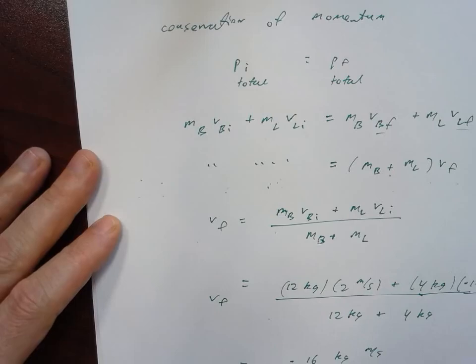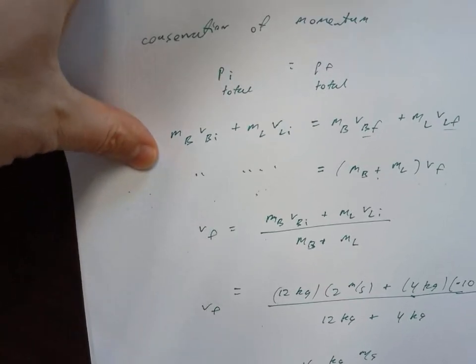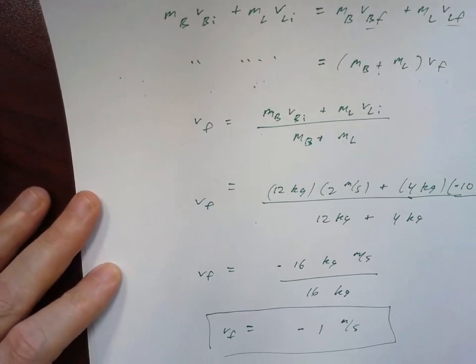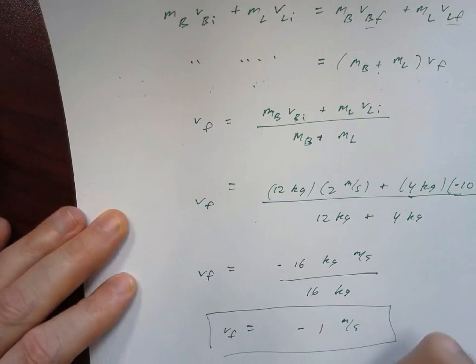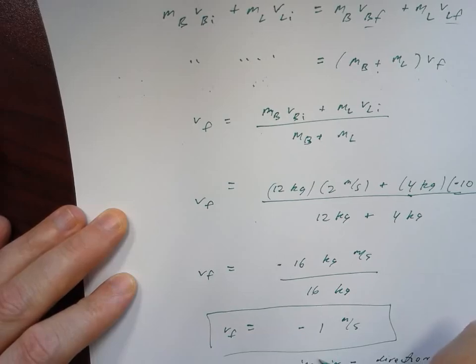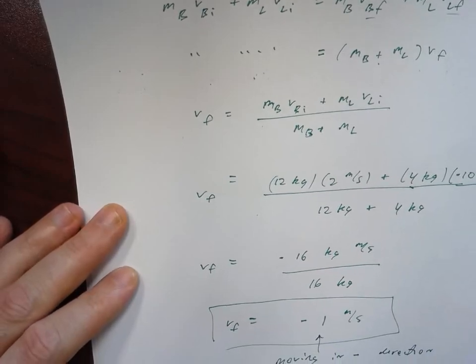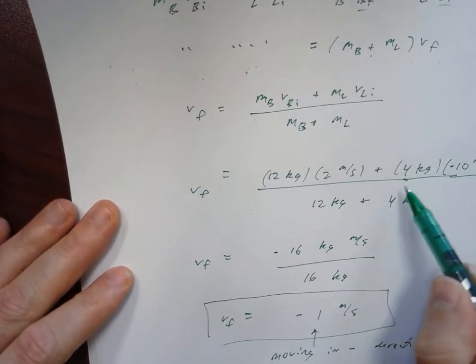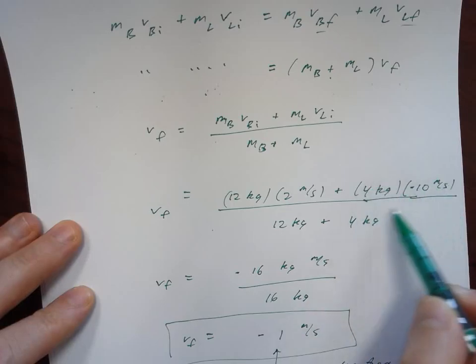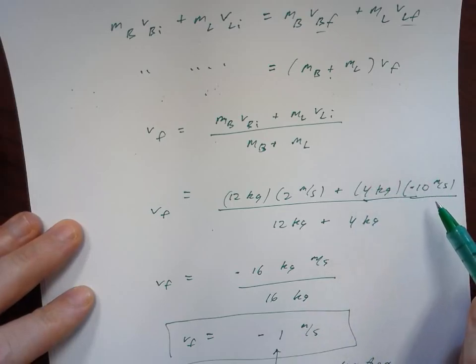And you can think about what that means. Because the final velocity is negative in this example, the system is actually moving in the negative direction, which means that the big fish, which ate the little fish, now is moving backwards. If you look at the data, the little fish had a greater amount of momentum than the big fish had.